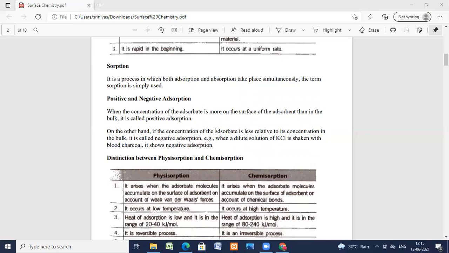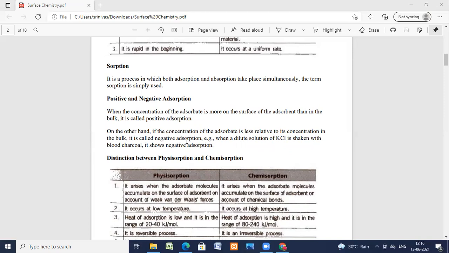Example: when a dilute solution of KCl is shaken with blood charcoal, it shows negative adsorption. I hope you have understood clearly about negative and positive adsorption.